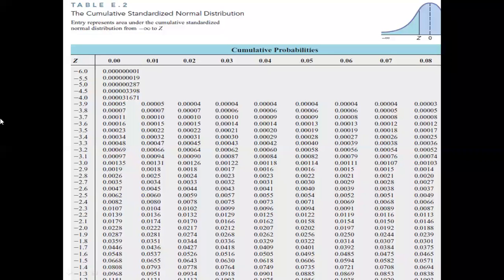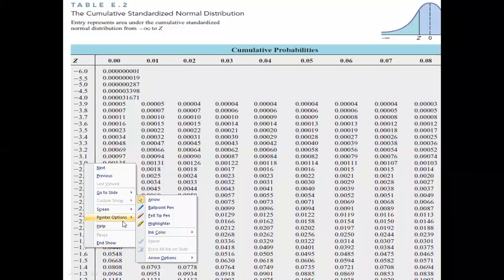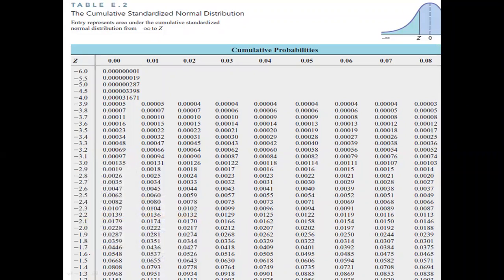Minus 1.73. This is minus 1.7, and in the column we see 0.03. So we intersect this column and row for 1.73.